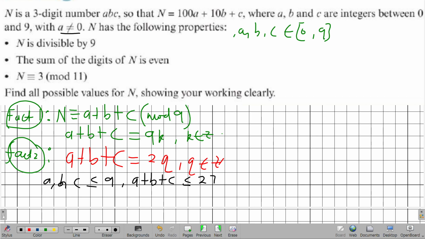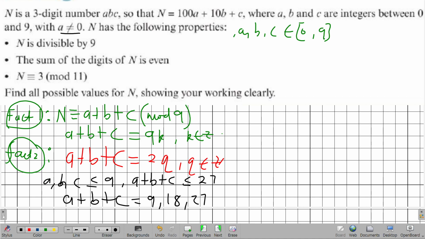That's a fact. So interpreting the first fact, a plus b plus c has to be a multiple of 9. So it can be 9, it can be 18, or it can be 27. Those are the 3 possibilities that we have for a plus b plus c.